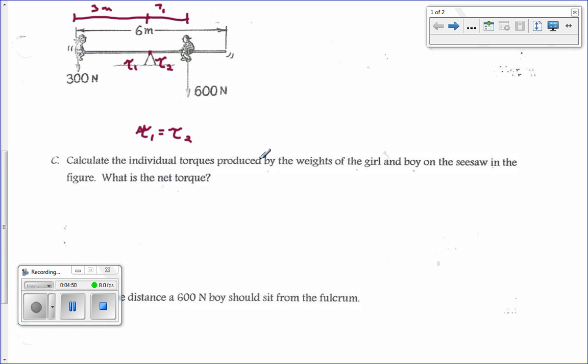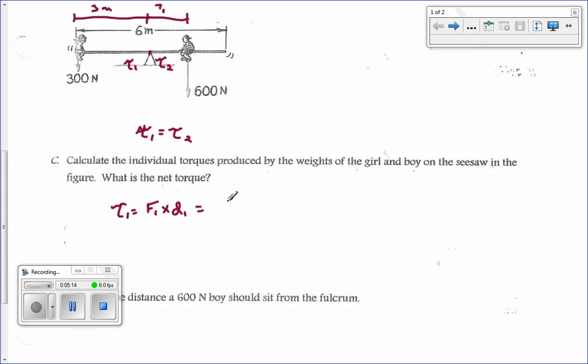Okay, calculate the individual torques produced by the weights of the girl and the boy on the seesaw. What is the net torque? Well, if torque 1 is equal to torque 2, then all we have to find is torque 1 in order to get the individual torques. So torque 1 is equal to force 1 times distance 1.